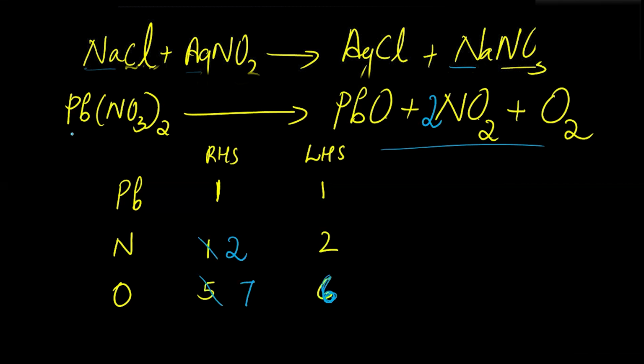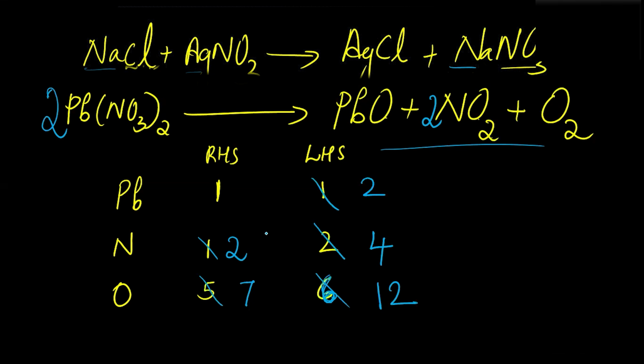So you have to multiply throughout by the smallest number. After 1 we have to try 2, right? So automatically everything changes on the left hand side. Pb becomes 2 now. Nitrogen now becomes 2 times 2, 4. Oxygen now becomes 6 times 2, 12 on the left side, right?